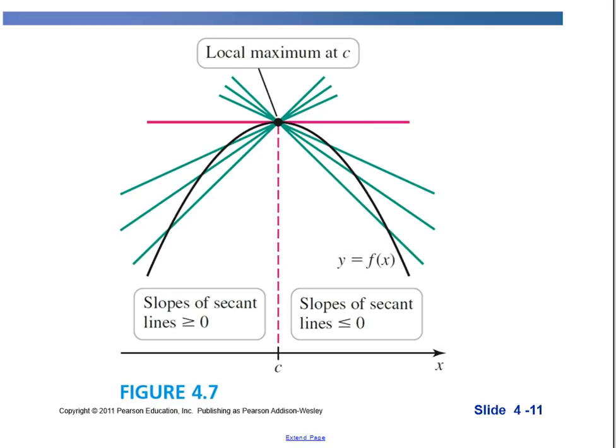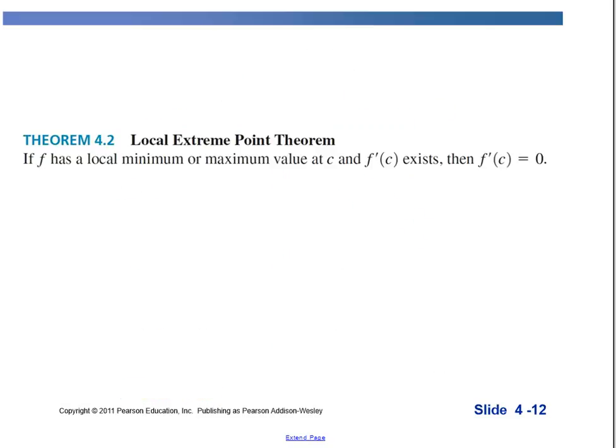Okay. If you have a local maximum at some point, remember what the definition of our first derivative is? It gives the slope of the tangent line. So if it's a maximum, its tangent has a slope of 0, and it comes right across the top here. All right, our next theorem is the local extreme point theorem.